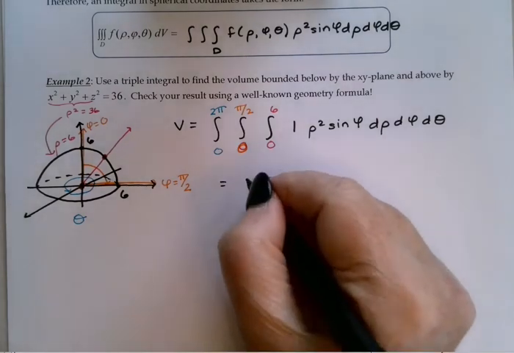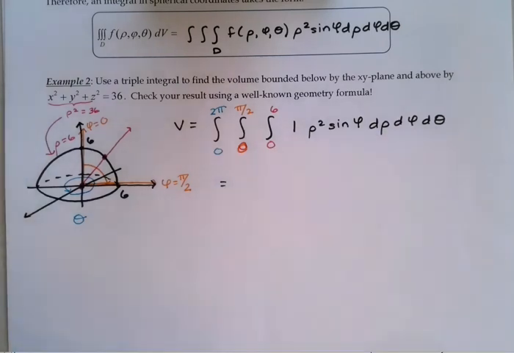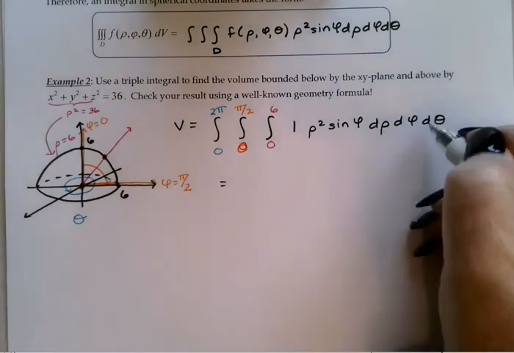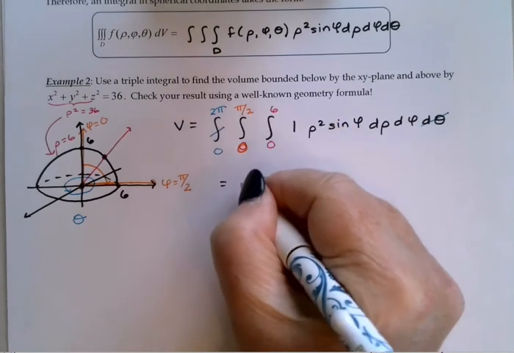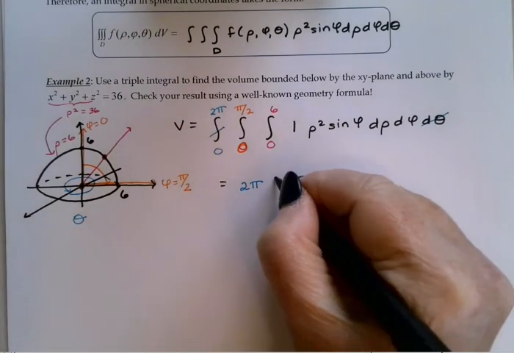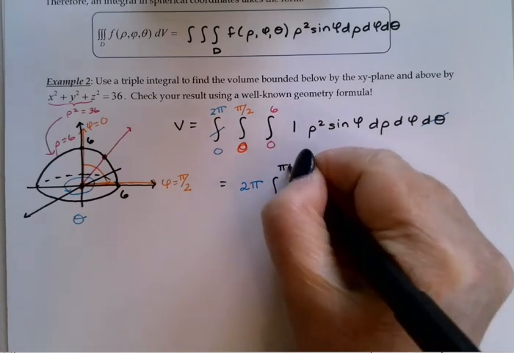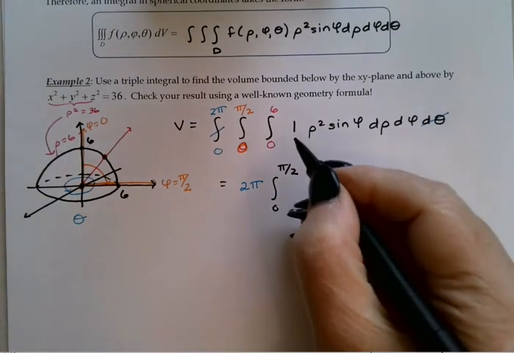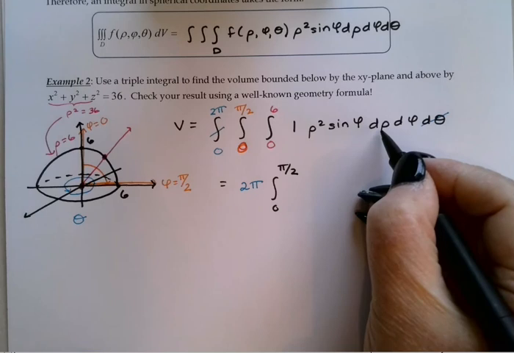All right, let's evaluate. Theta does not appear anywhere in my integral other than the d theta. So I'm going to use the usual trick and pull down a 2 pi. And then doing the first integral is a d rho integral.